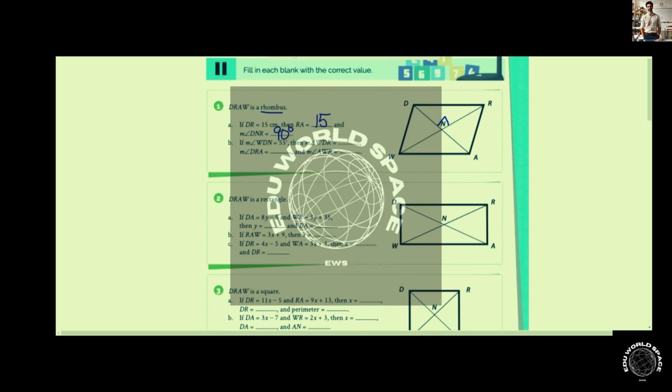And if the measure of angle WDN is 55, then it's 55 on the other side of that angle as well. So that's 110 in total for angle WDR. Angle DRA would have to be then 70 degrees because there's 180 degrees here.